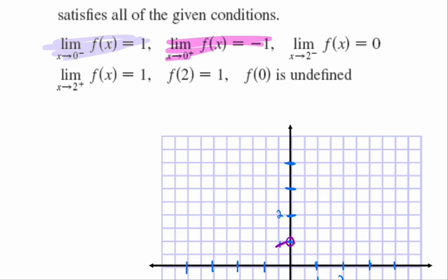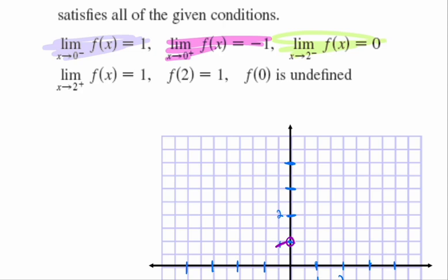It says at 2 from the left, I am heading to a height of 0. That's what this next piece tells us, that as I head to 2 from the left, I'm heading to a height of 0.